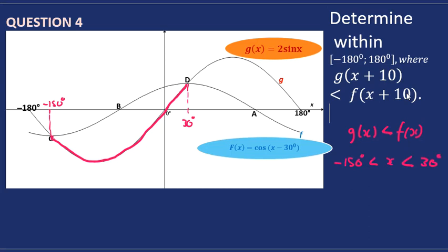Okay, so we start there, but remember, this is not what they were asking. The question was, where is g of x plus 10 smaller than f of x plus 10? That means now we can factor in the minus 10 shift. So we take the negative 150 and then we minus the 10 degree shift.